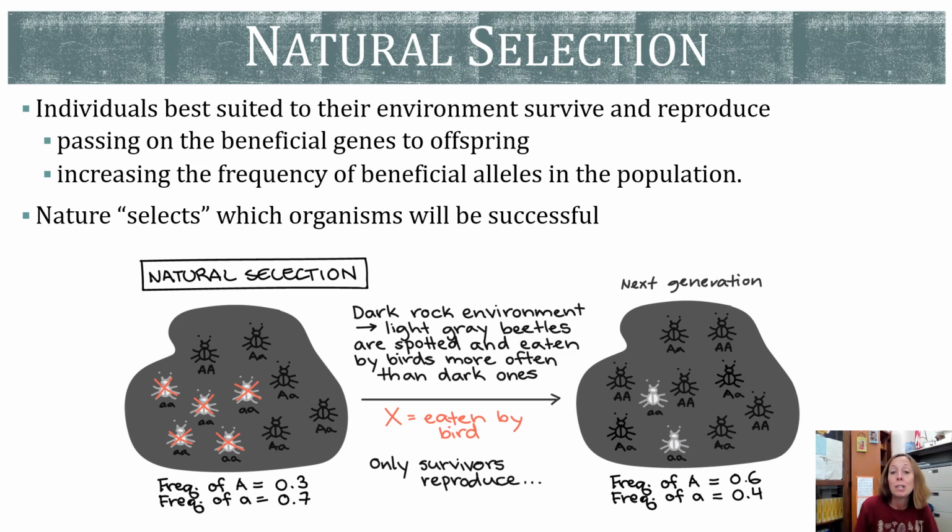Nature will select which organism is going to be successful. This is very dependent on the environment they're found in. In this picture, you have all of these beetles, gray ones and white ones. If the white ones are eaten by a bird, because you can see them, in the next generation we're going to have less white because these white ones didn't survive to reproduce.